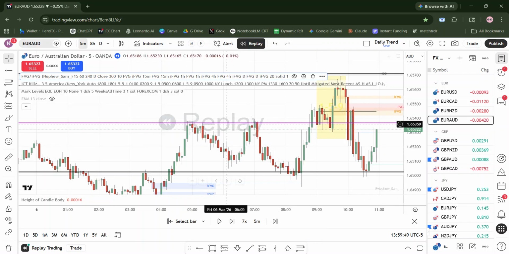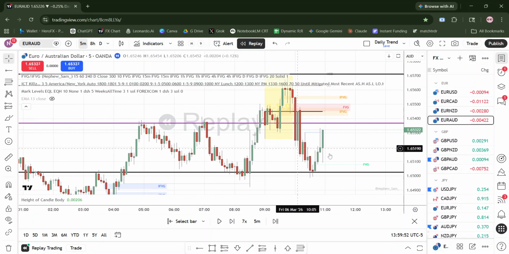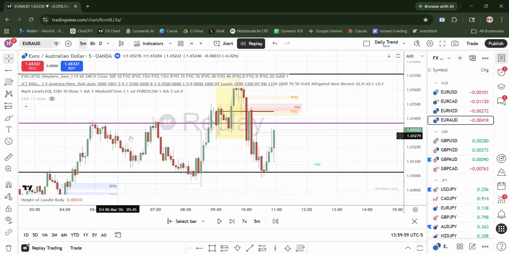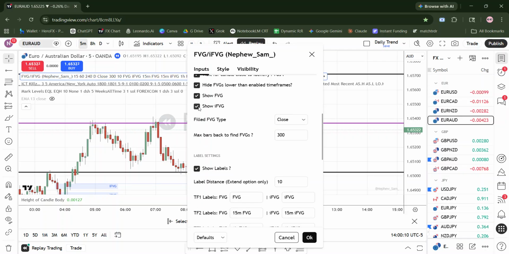Was it over here? I'm not exactly sure. Or maybe it was this one. I'm really not sure. It might have been a different one. But in any event, let's just go with what we see because I don't see the inverse fair value gap, but at the same time, I do see a real one. So this will be just as fine. So let me just switch to regular fair value gap so there's no confusion.